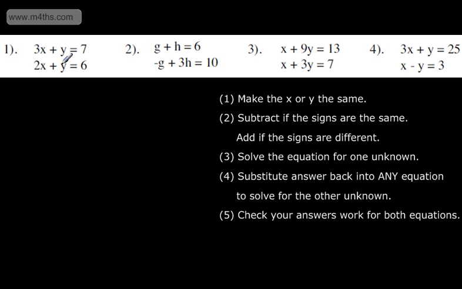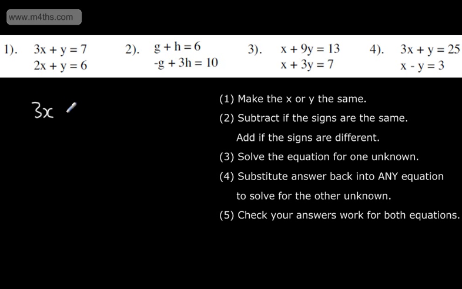Now we can see that the y's are the same, so I don't need to do anything here. In later examples, we'll look at changing these. What we now do in part 2 is subtract if the signs are the same, or we add if the signs are different. So we can see now that we've got one y and one y. The positive in front of these means that I'm going to subtract them.